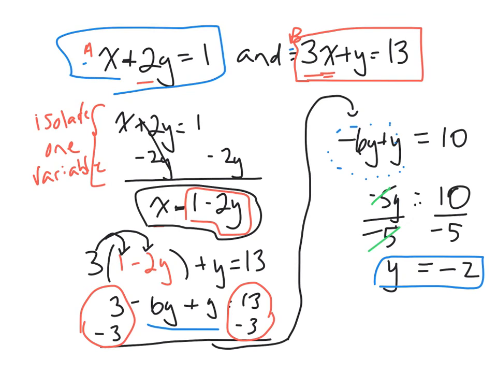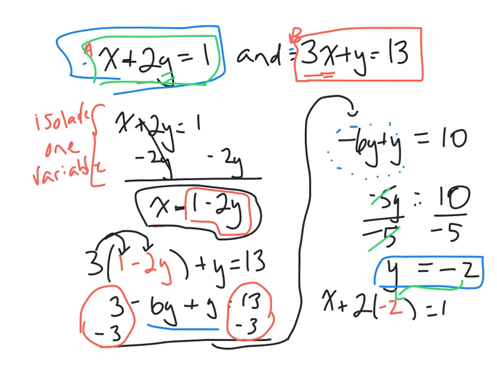So I have x plus 2y, but I now know what y is, so I can write it in as negative 2 equals 1. And I got that value for y from right here, so I just substituted it into this equation right here. I plugged my value for y right in there.